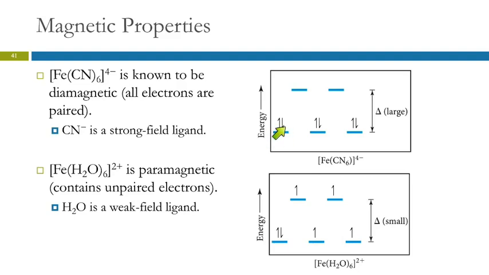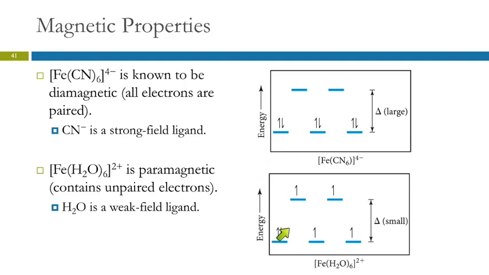I'm cheap, I'm going to stay down here. And so they'll fill these up. When this gap is small, we go 1, 2, 3, and the next one says, I'm going to spring for my own orbital. It's just a little bit of energy. And then the next one says, I'm going to have my own orbital. And then the 6th one has to pair up with somebody, so it's going to pair up with one of the lower energy ones.